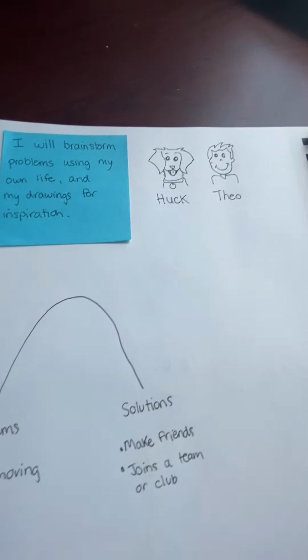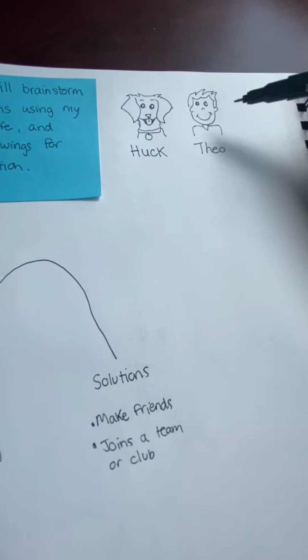Another idea that I had is maybe it's not Theo that has the problem when he moves, but maybe it's Huck that actually has the problem and he needs Theo to help him. So maybe one of my possible problems is Huck needs a new home.